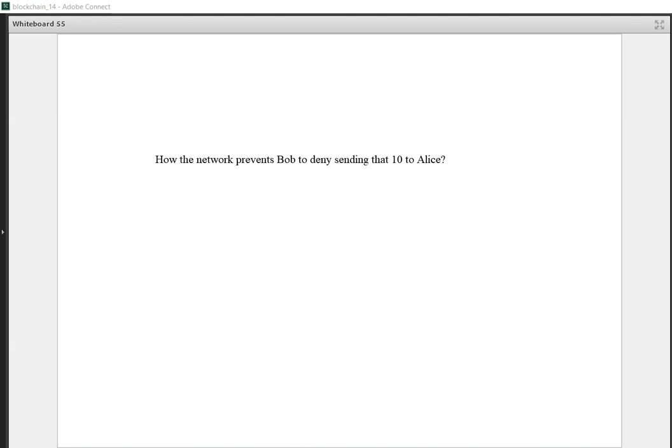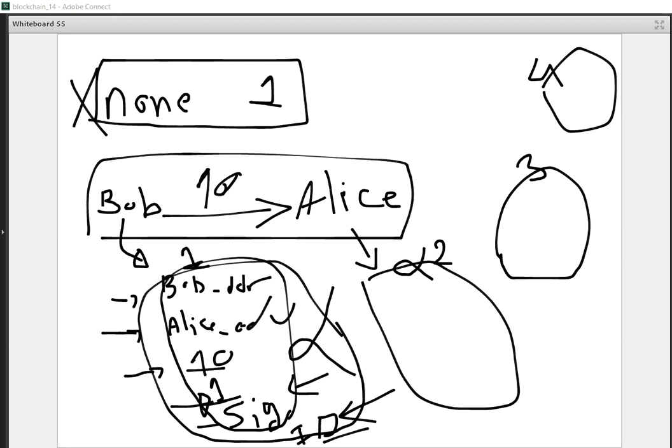How do other nodes in the network understand that Bob is cheating? See the information inside the transaction, and according to this information, answer me. Which field of this information prevents Bob from cheating?